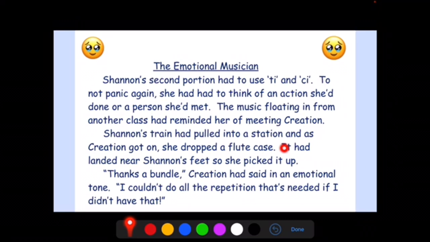Shannon's train had pulled into a station, and as creation got on, she dropped a flute case. It had landed near Shannon's feet, so she picked it up. "Thanks a bundle," creation had said in an emotional tone. "I couldn't do all the repetition that's needed if I didn't have that."